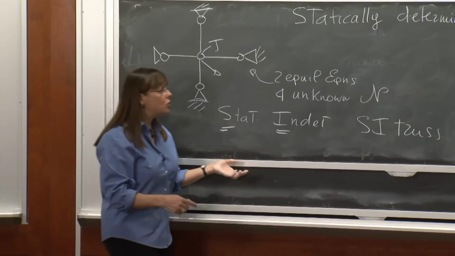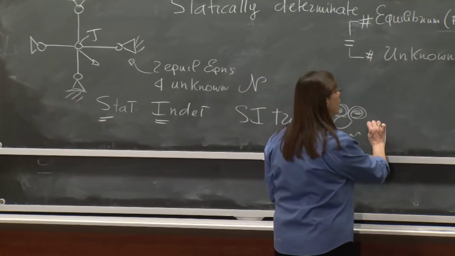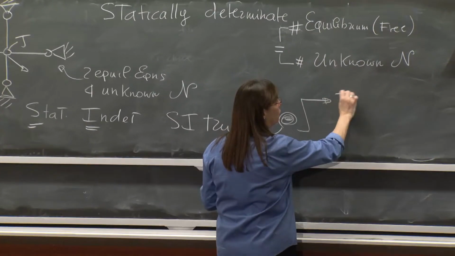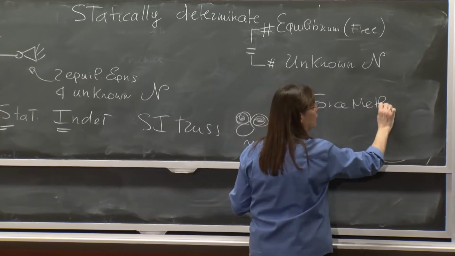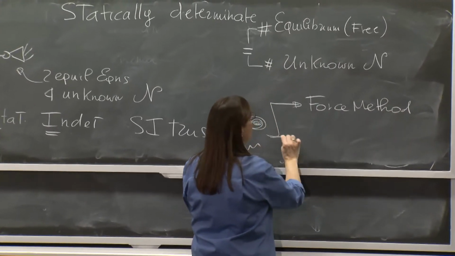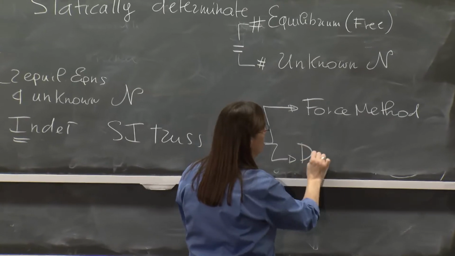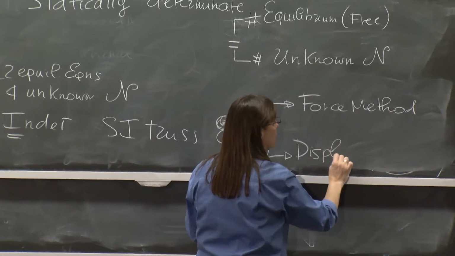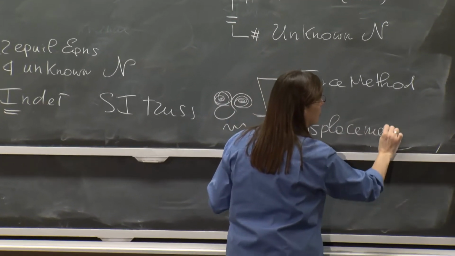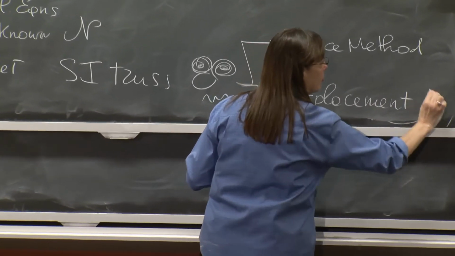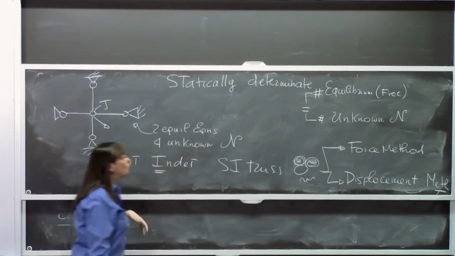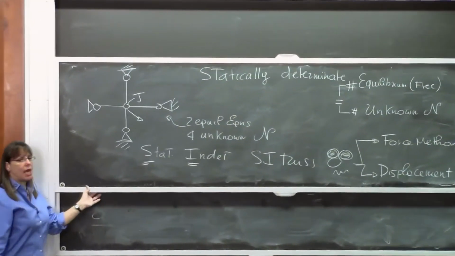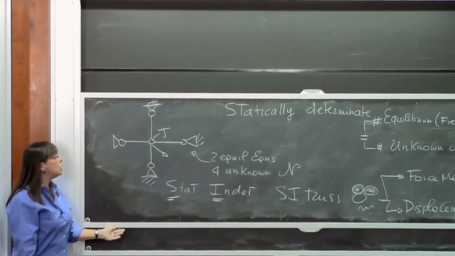So the way you solve statically indeterminate trusses, you can try to go back to your good old force method. Or you can go another way and use a displacement method. All right, so what would you do with the force method? You would say, I know what the trick is.